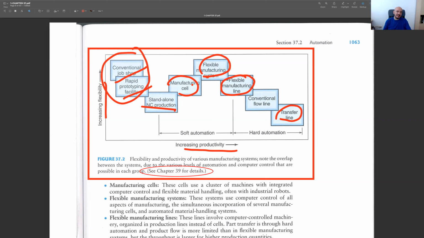But the problem is that you cannot increase the number of products produced in the same time. So this productivity is less. Again, it's the same for rapid prototyping facility. You may make use of 3D printers, metal or plastic type of printers. You can produce any kind of parts, but the number of products will not be that much compared to the transfer line or other flexible systems.